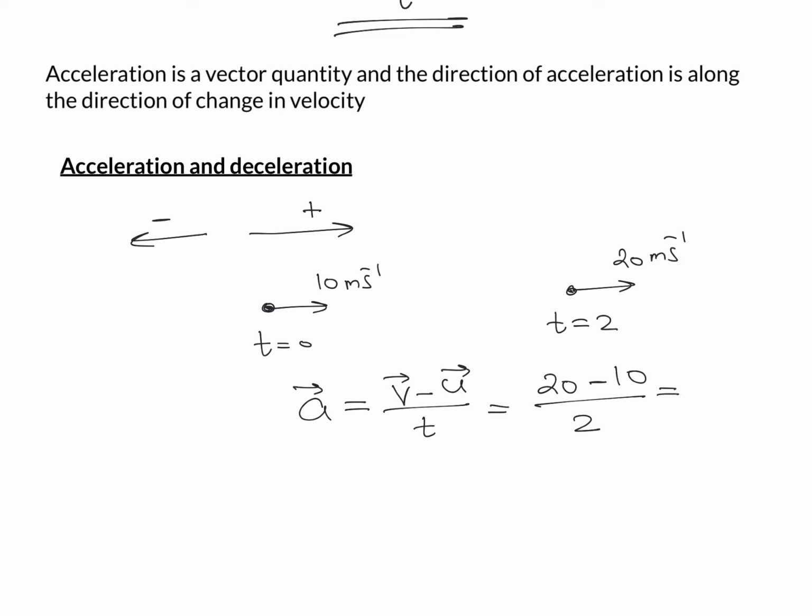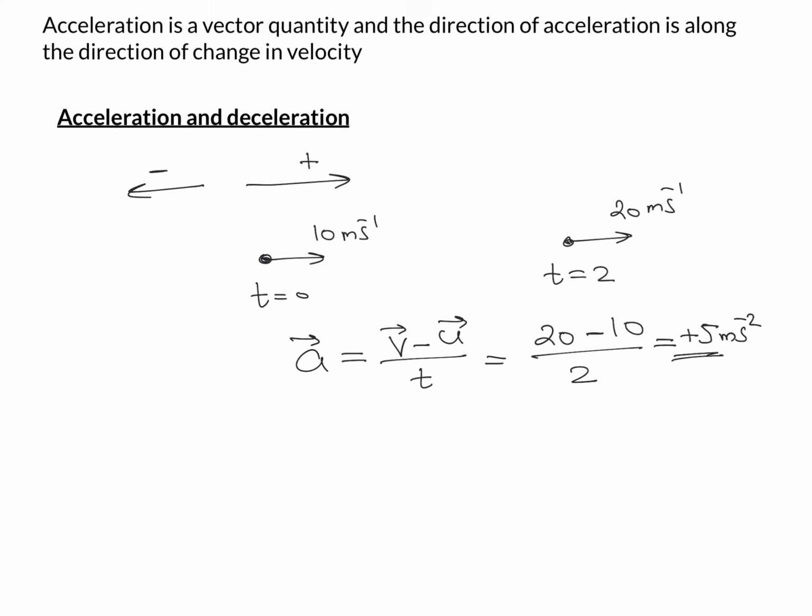So 10 divided by 2 gives the acceleration equal to 5 meters per second square. Here we are getting the acceleration as positive, and you can observe that the speed of the particle is increasing. So increasing speed of a particle along the positive direction represents a positive acceleration.